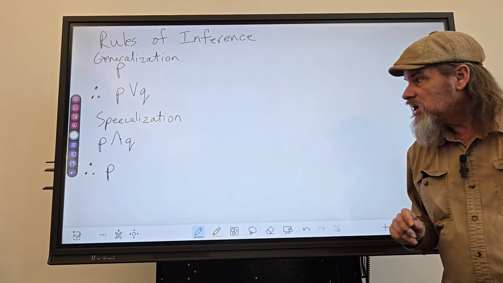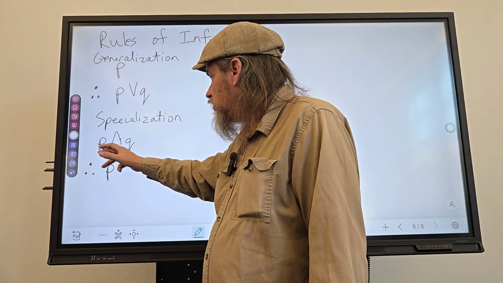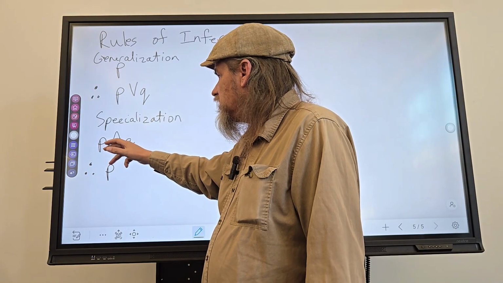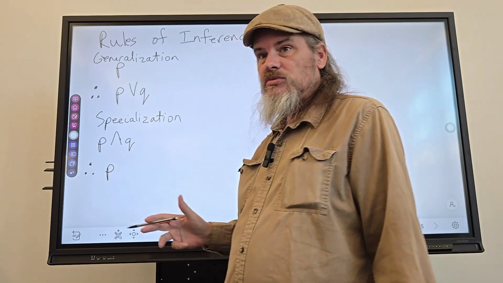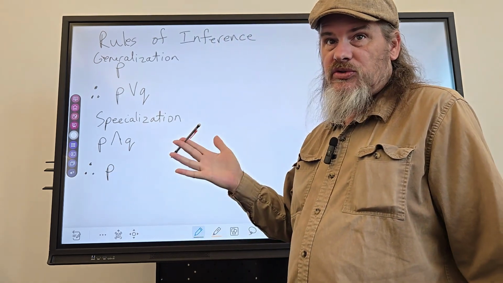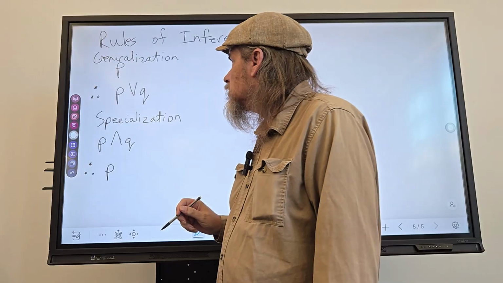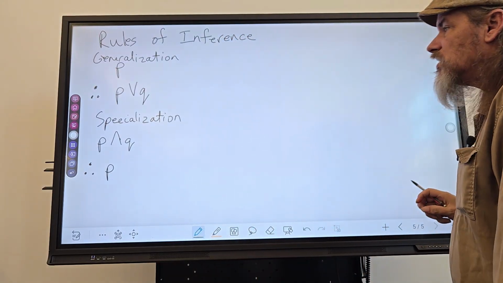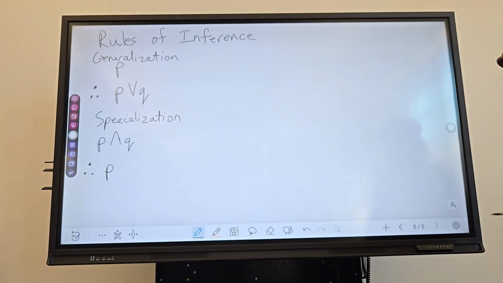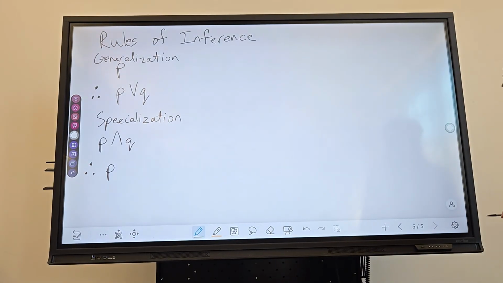So, if P and Q is true, then both P and Q must both be true, therefore P is true. Or Q is true as well. So you can eliminate a variable in the process, a property.